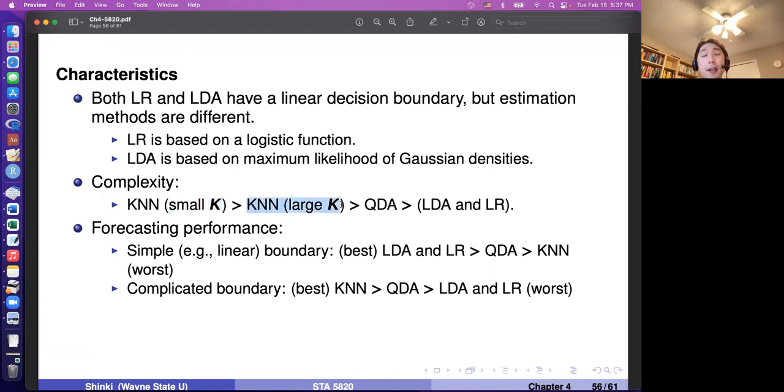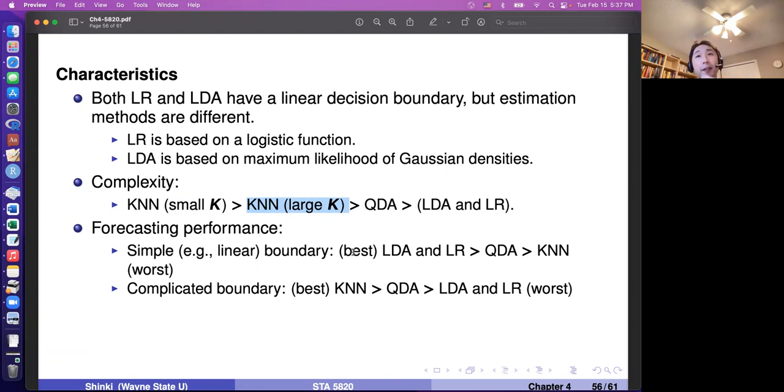KNN with large K is a less complicated method, so the boundary becomes smoother. If we take, for example, the 100 nearest points of a certain point, then the result is determined by the overall situation near that point.